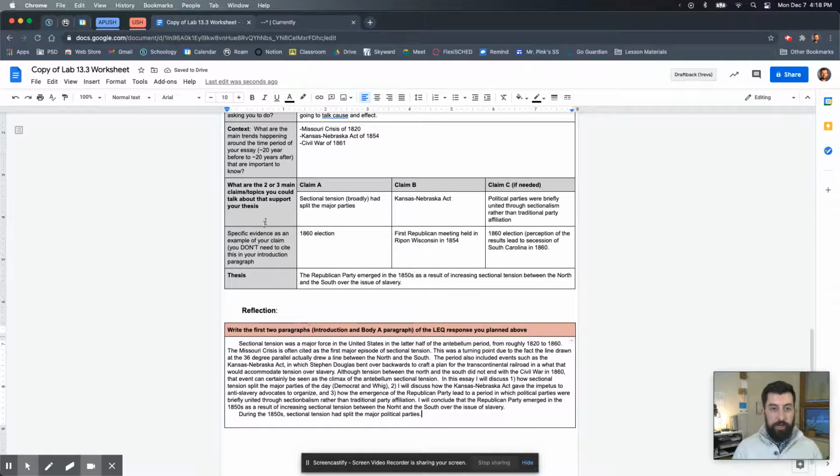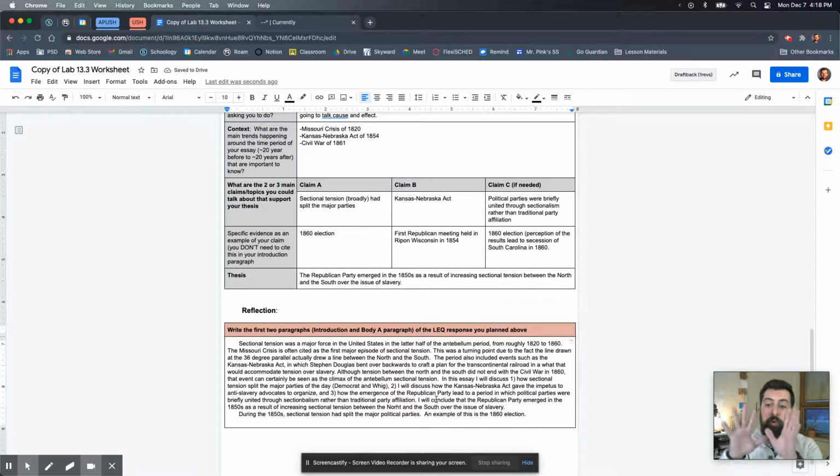First sentence right there, and it comes really easily once you've planned out that first paragraph. So it's up to me now to do the second part, which is to cite a specific historical example. During the 1850s, sectional tension had split the major political parties. An example of this, and there's your transition phrase right there that lets the reader of your essay know that you're providing evidence, an example of this is the 1860 election.